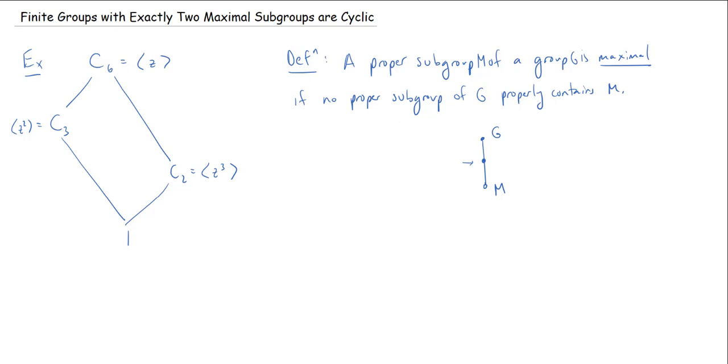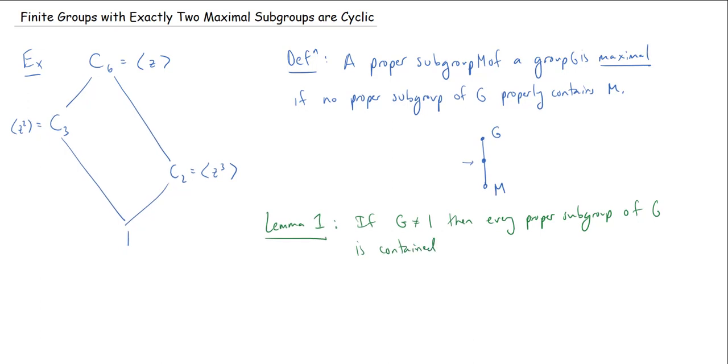So let's start with lemma 1. If I have a non-trivial group, so G is not the trivial group, then every proper subgroup of G, which is possible because G is not the trivial group, is contained in a maximal subgroup of G. All right, so let's do the proof.